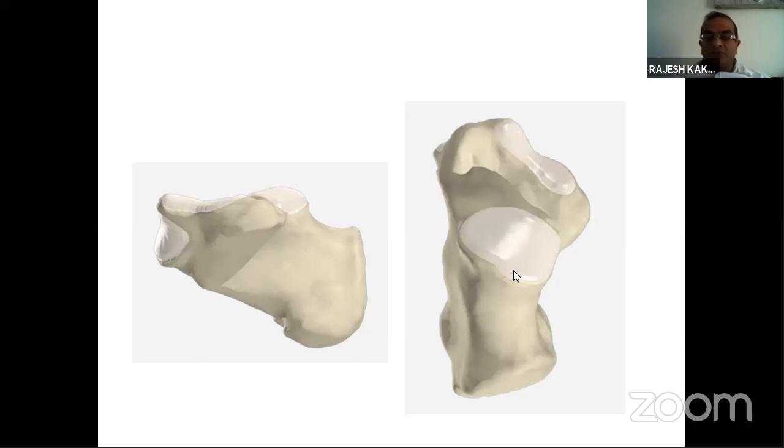The other area that you need to realize is the sinus tarsi region, which is between the posterior and middle articular facets of the calcaneum, and you get the sling of arteries there, which are branches of the artery of the tarsal canal and the sinus tarsi, which then is the main blood supply to the talus.